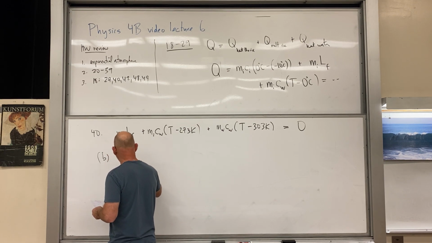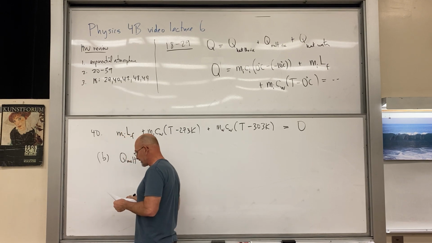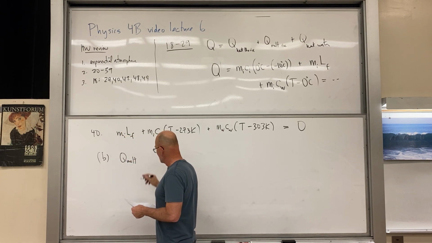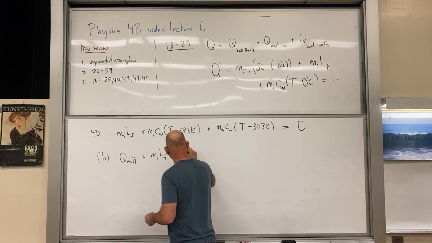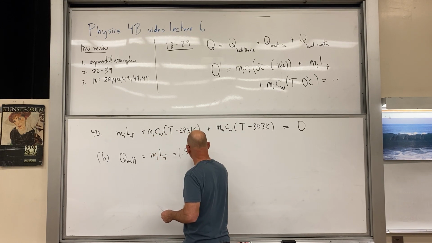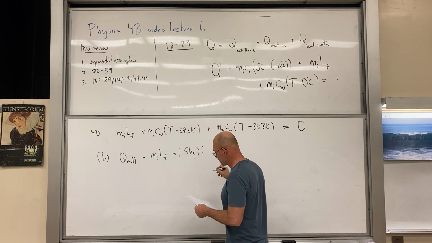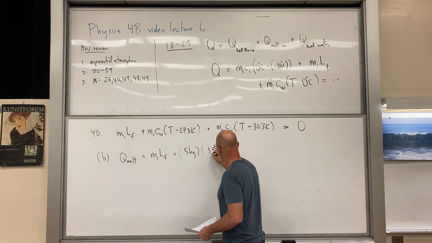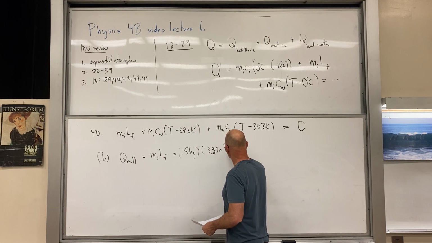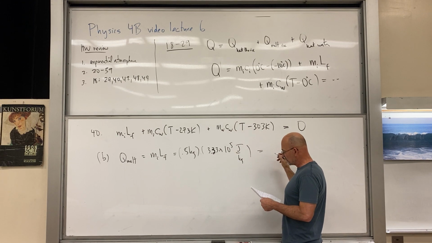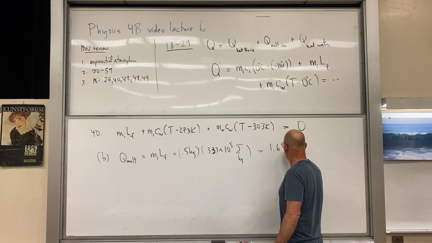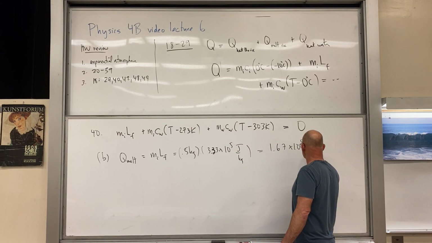I had to compare melting that half a kilogram of ice. So mass of ice, latent heat of fusion, so we had 0.5 kilograms times 3.33 times 10 to the 5 joules per kilogram. So you get 1.67 times 10 to the 5 joules, okay?